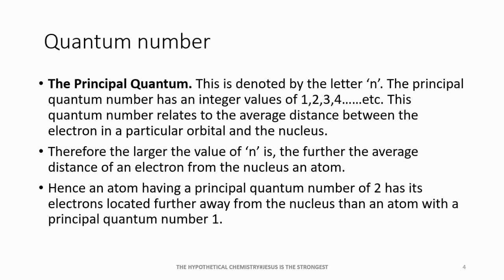We learned in one of our previous video lessons, specifically the Rutherford model of the atom, that according to Rutherford, the atom has a central core called the nucleus. Within that nucleus, we have the proton and the neutron, which are two of the subatomic particles.